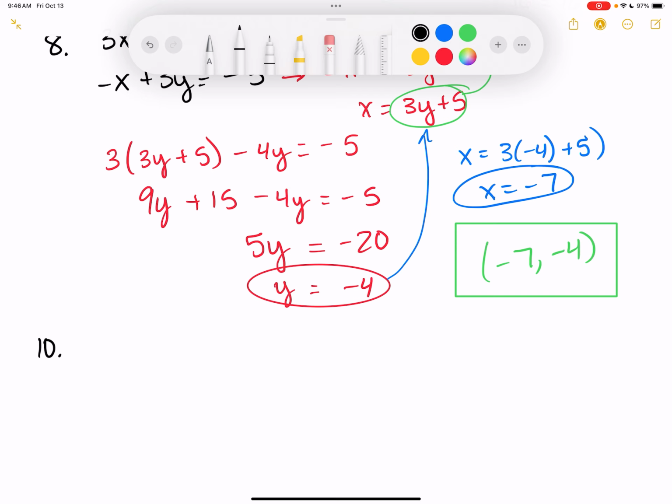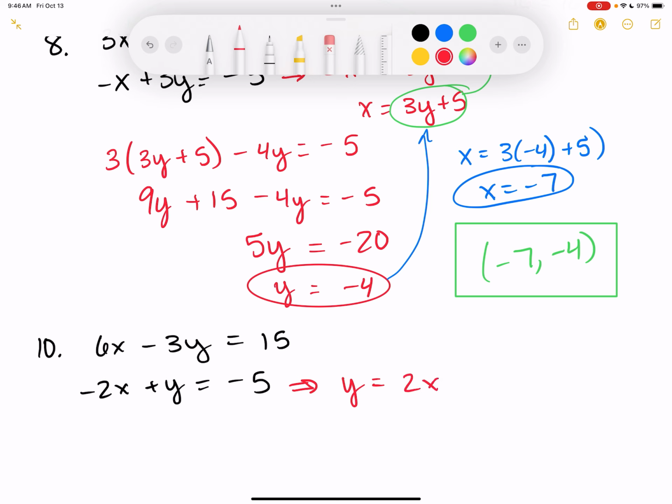Number 10, 6x minus 3y equals 15, and negative 2x plus y equals negative 5. So which variable am I solving for? Y on the bottom. So y is equal to 2x minus 5. So I'm plugging this in up here.